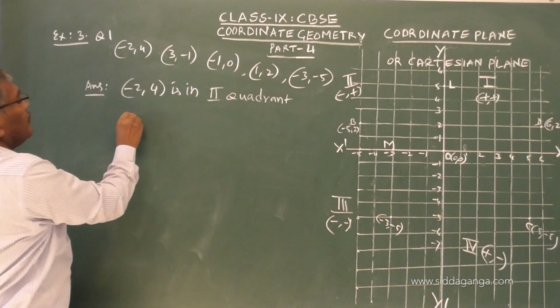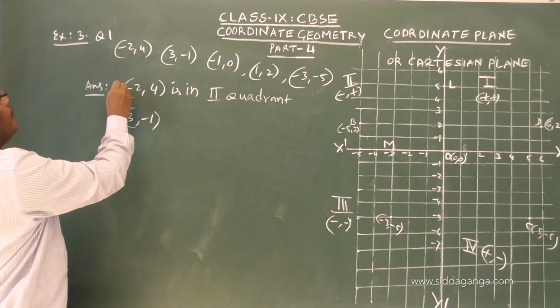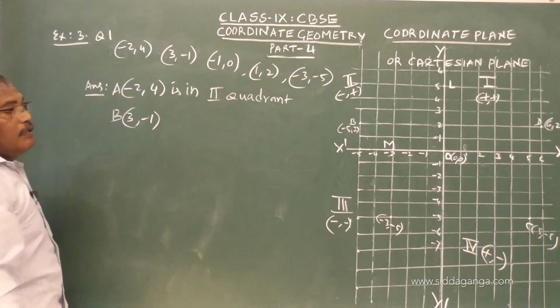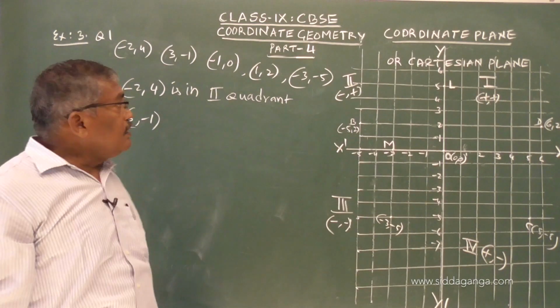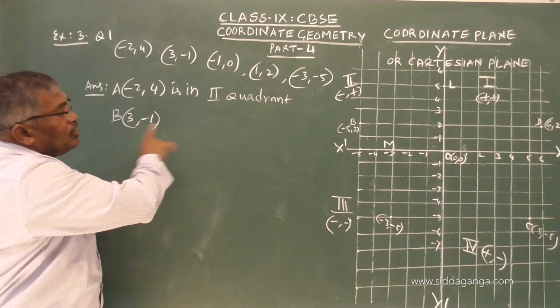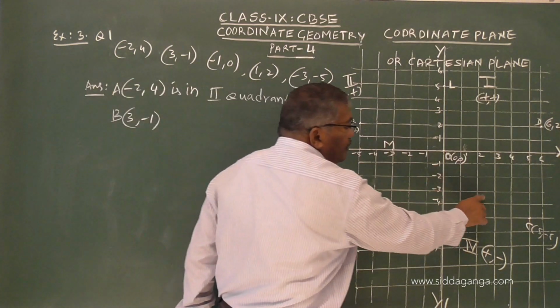And (3, -1), you can give some name for this if you want. A, there is nothing wrong in writing like this. So B, (3, -1), x positive, y negative means it is in the fourth quadrant.